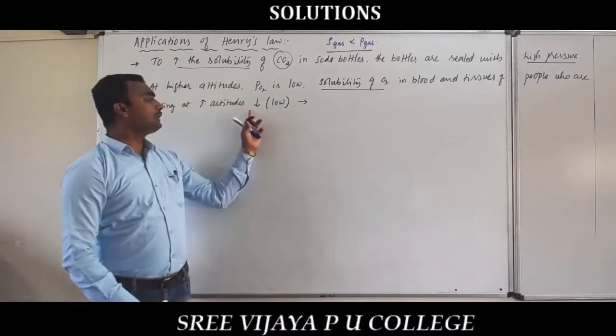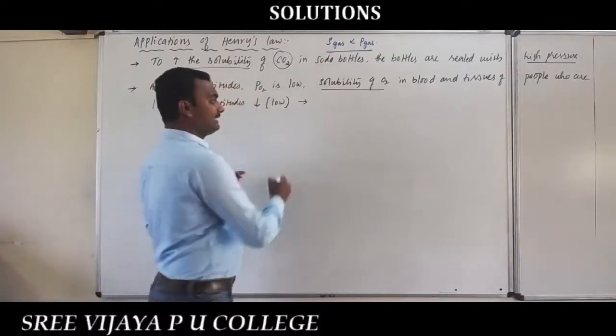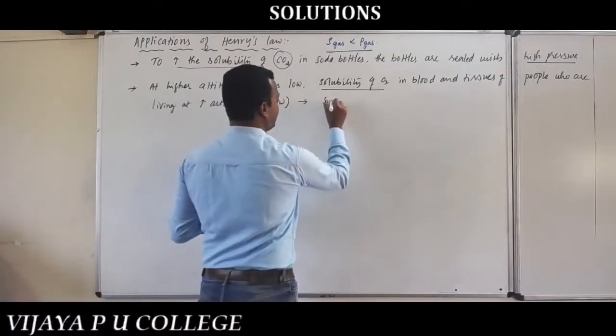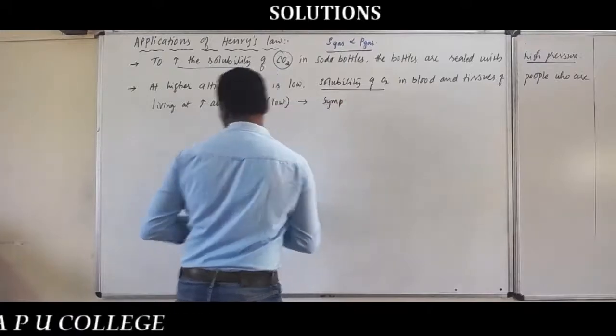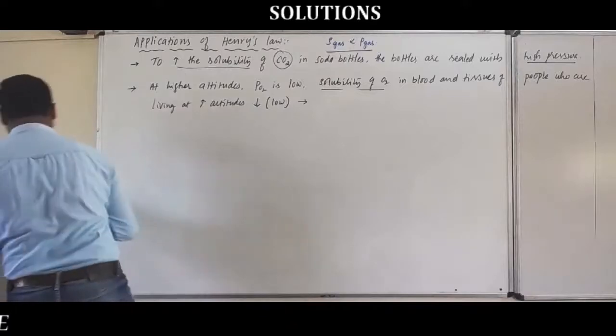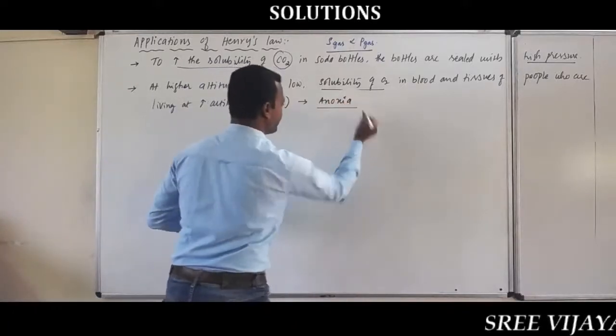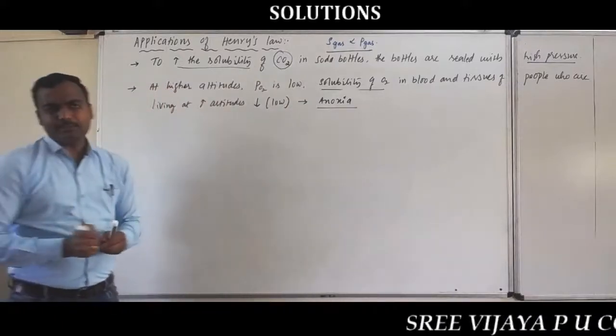They have a lower concentration of oxygen in blood and tissues, and that leads to symptoms of a condition called anoxia. What is the meaning of anoxia?